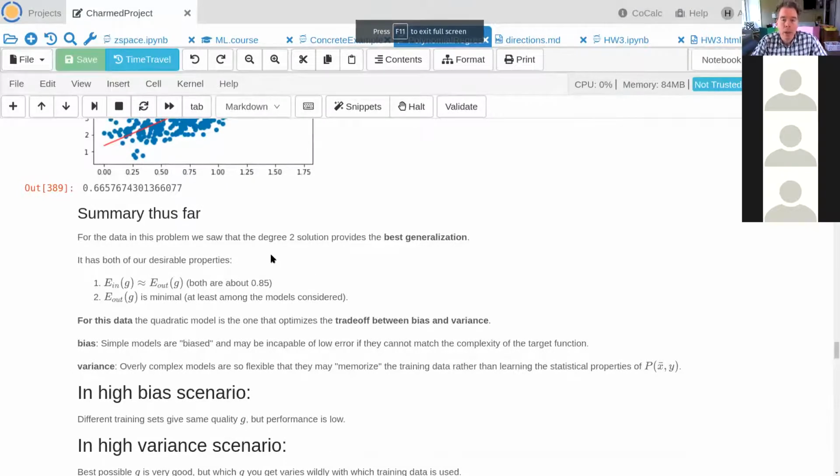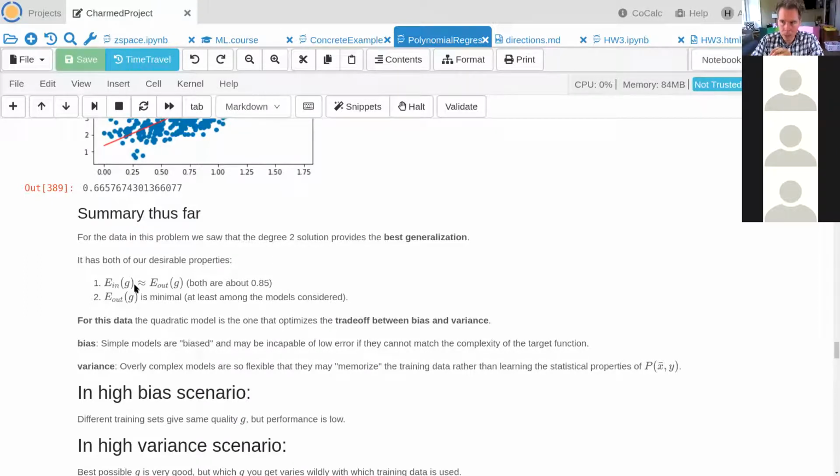So we can go back to this theoretical stuff that we were talking about really early in the semester, about when E_in is a good approximation for E_out. In practice, you never actually get to see E_out. We split the training data into testing and training parts, and then we can use the testing part to approximate E_out, and that's the best idea we ever get of it.